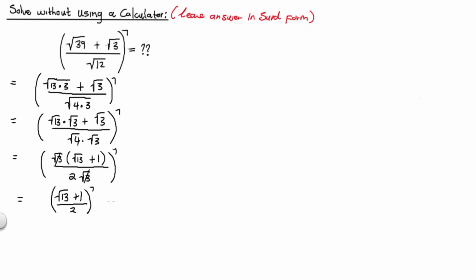So what we can do, we can actually say whatever is inside the bracket we can represent by x. So we can just say let x be equal to whatever is inside the bracket. So we're going to have the square root of 13 plus 1 divided by 2. Why? You'll understand the more we continue solving this expression.